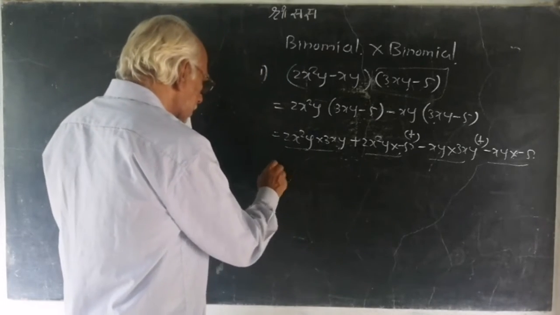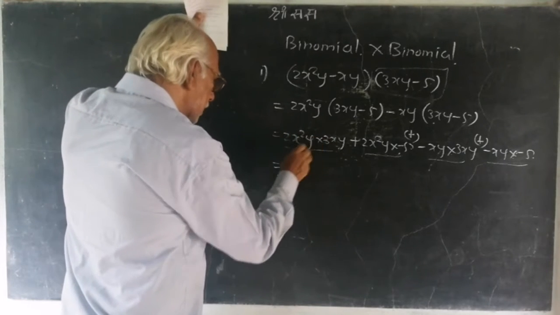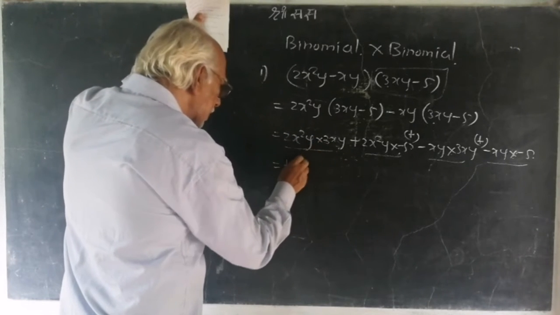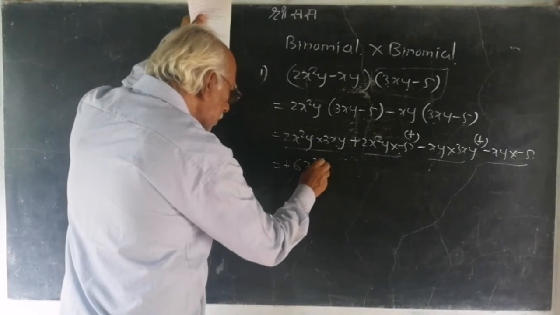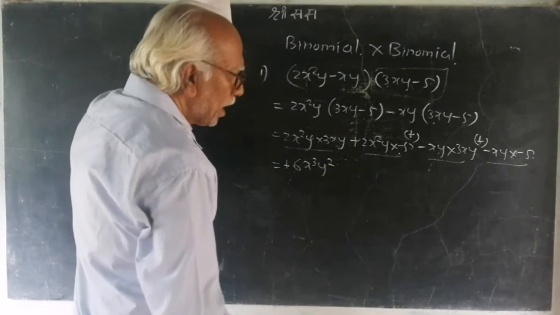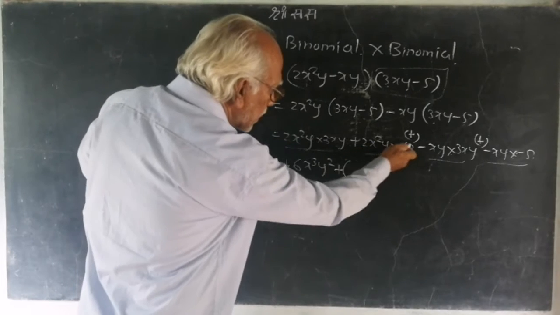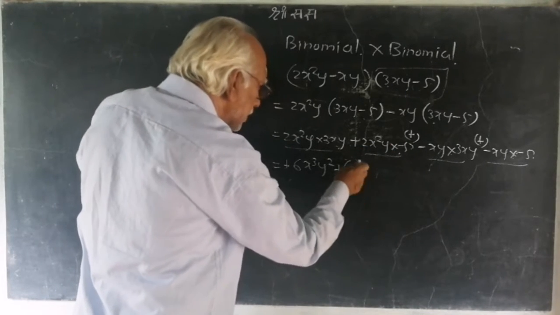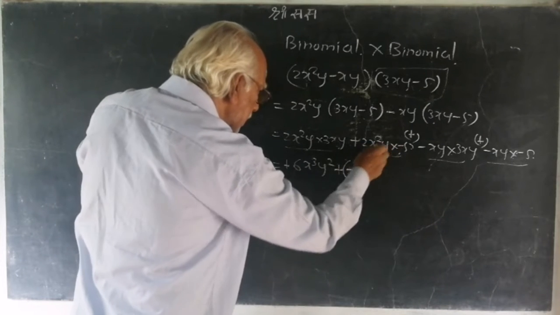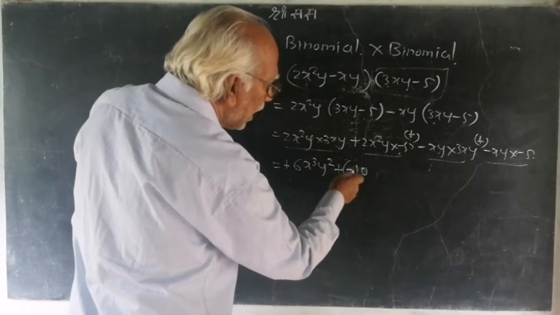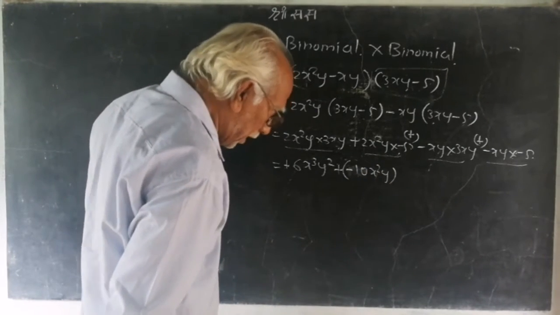So now we can go to this concept. Here it is 1 by 1. Plus into plus is plus, 2 into 3 is 6, x square into x is x cube, y into y is y square. Then here again plus, 2 into minus 5 is minus 10, and the sign: plus into minus is minus, 2 into 5 is 10, then x square y, because there is no other variable.